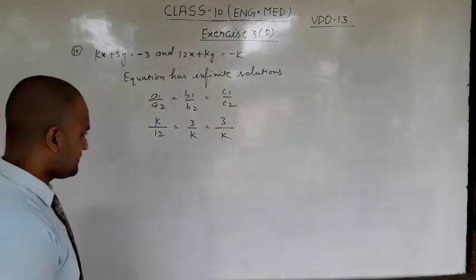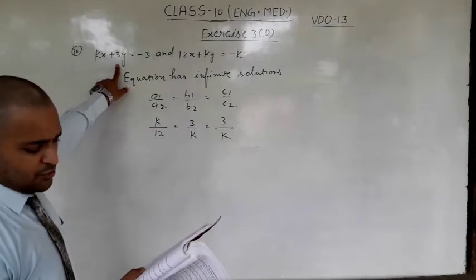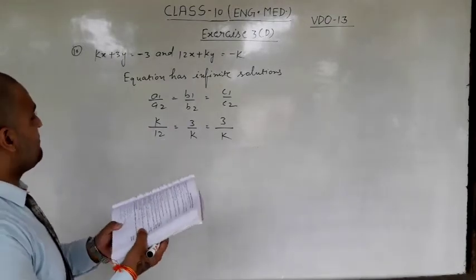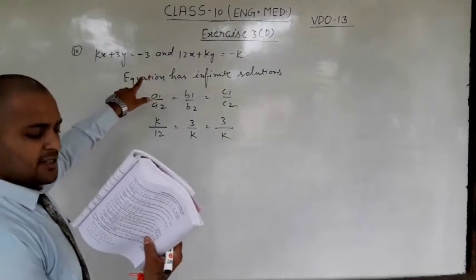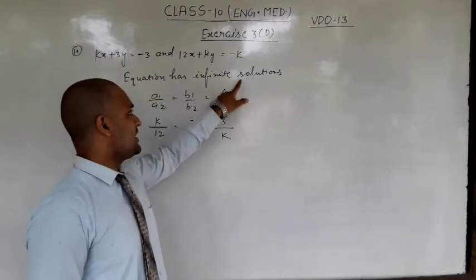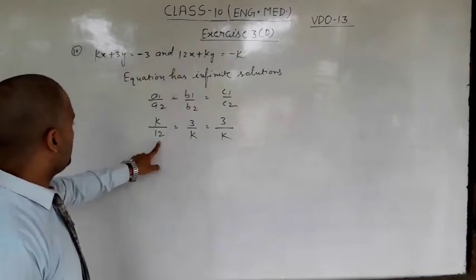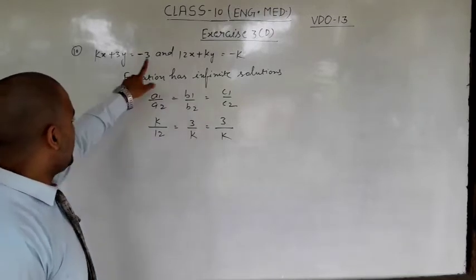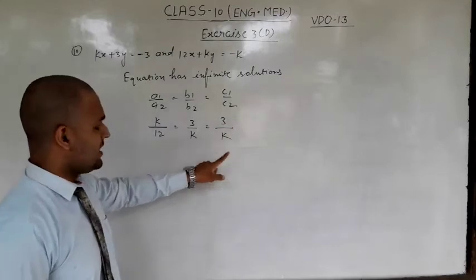Now see, here is kx plus 3y is equal to minus 3 and 12x plus ky is equal to minus k. The equations are correct? Yes, the equations are correct. Here the equations have infinite solutions. a1 by a2 is k by 12, here b1 by b2 is 3 by k, and here c1 by c2 is 3 by k also.